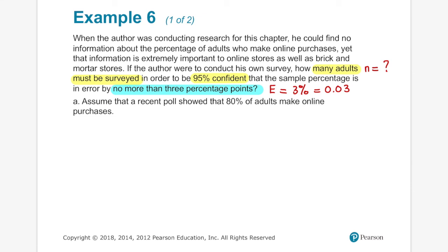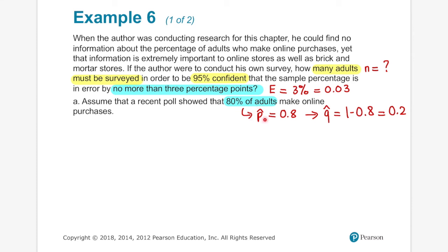Question A. Assume that a recent poll showed that 80% of adults make online purchases. So this tells me that p hat is 80%, which also tells me q hat is 1 minus 0.8, which is 0.2. And I want to find n.